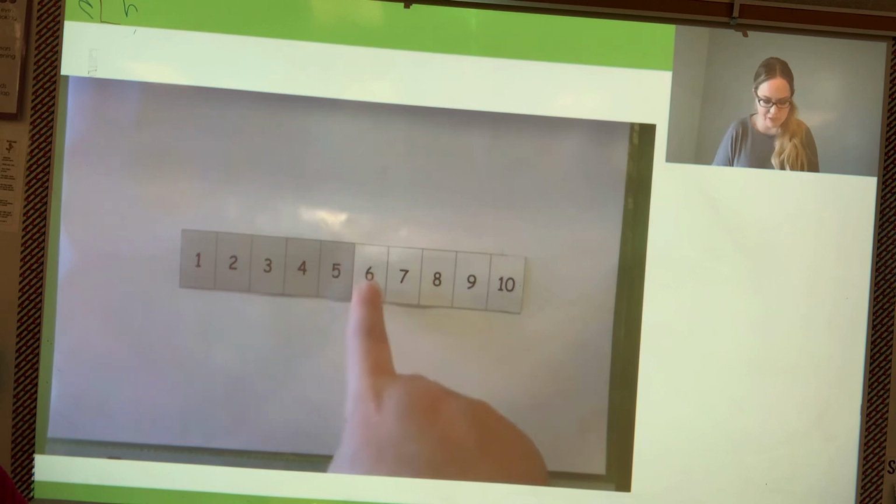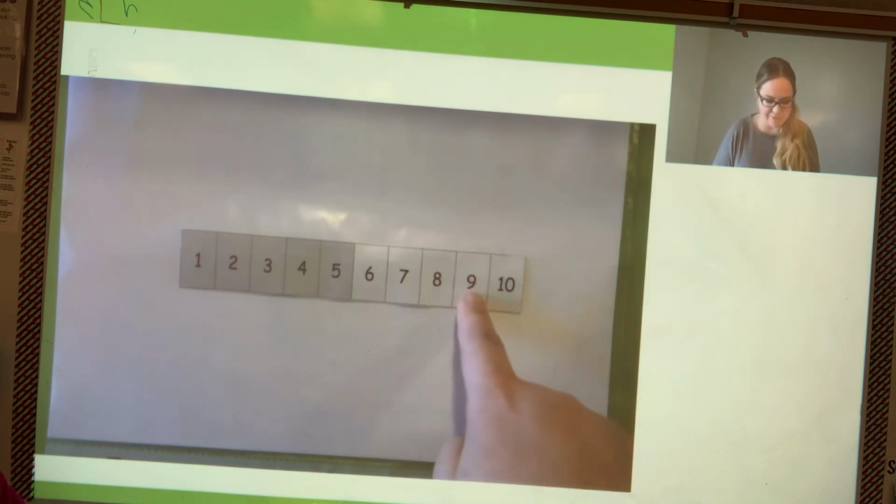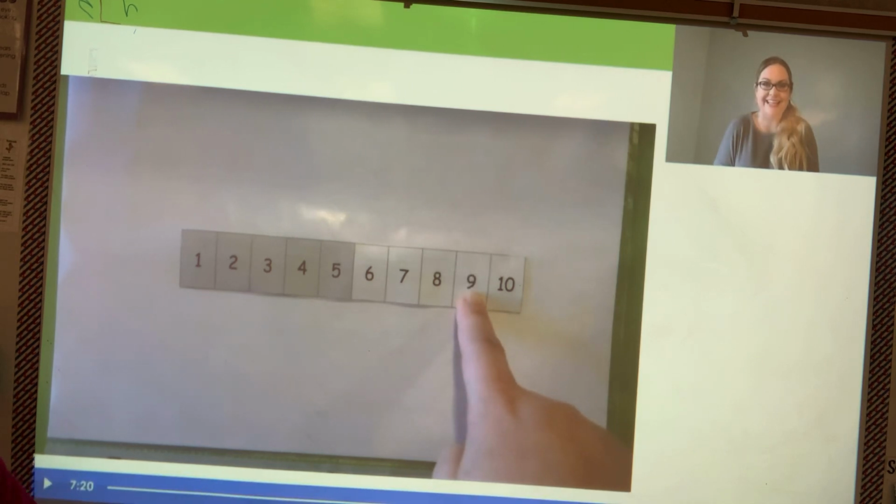1, 2, 3, 4, 5. Where did we land? Show with your fingers. I want to see. Okay, good job. 9.